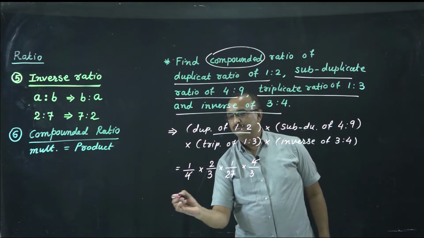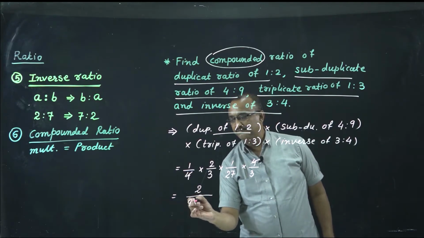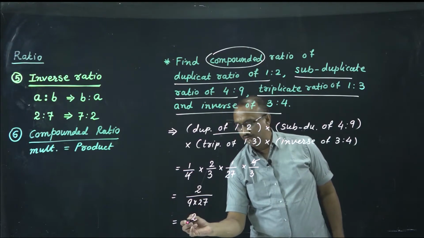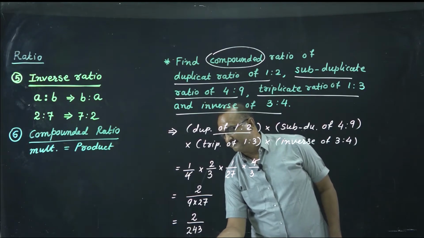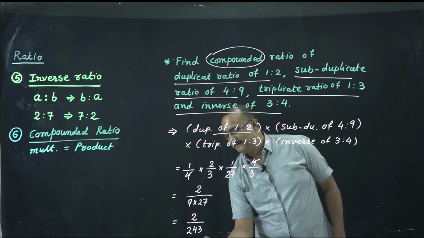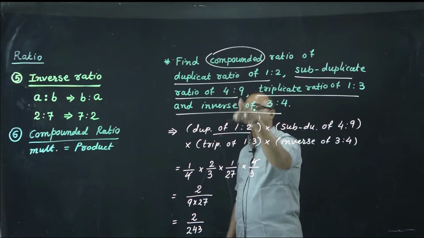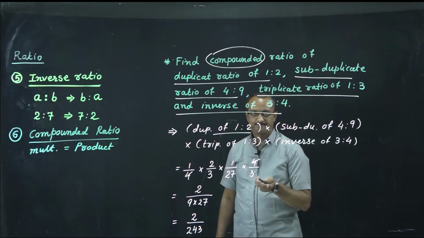So 2 divided by 3 3s are 9 into 27 is equal to 2 upon 243, and we can write it as 2 is to 243. So compounded ratio of given terms is 2 is to 243.